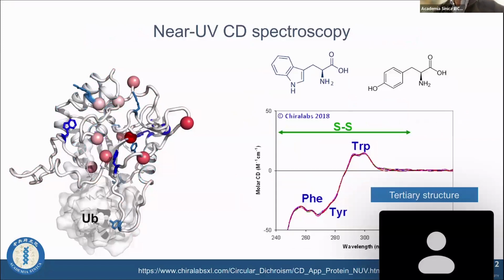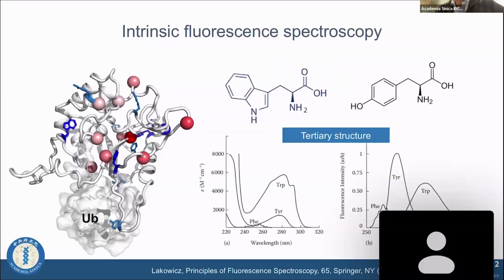The other way, we can look at the chromophores' chirality, looking at the tryptophan, tyrosine, phenylalanine side chains in the longer wavelength range, and that is very sensitive to the tertiary structure. So basically, how the protein folds in space and how these aromatic residues are packed against each other or against the other protein structural elements.